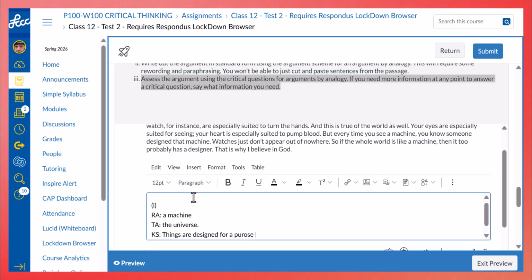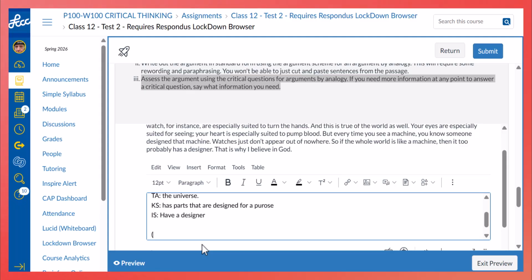So let's write this out as property. The universe is like a machine in that it has parts that are designed for a purpose. And then the inferred similarity is that they have a designer. The designer for a watch is a watchmaker. The designer of the universe is God.